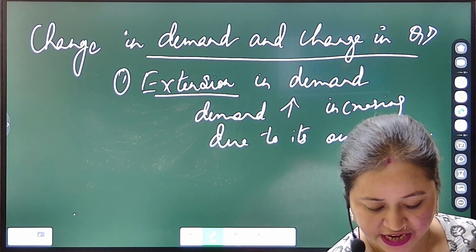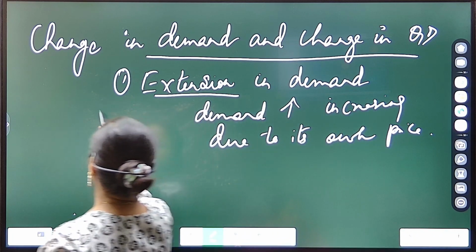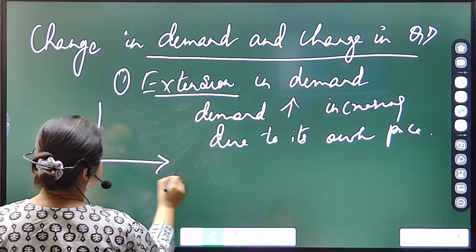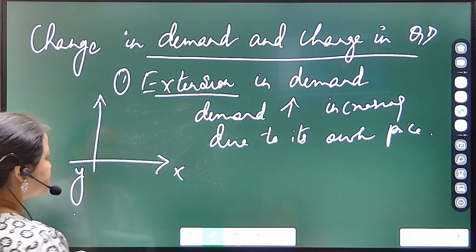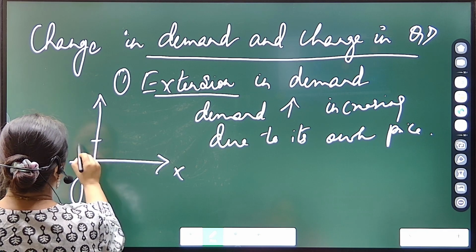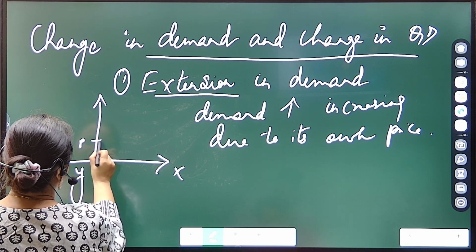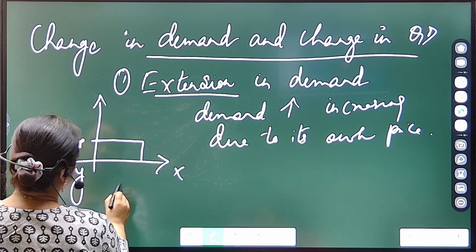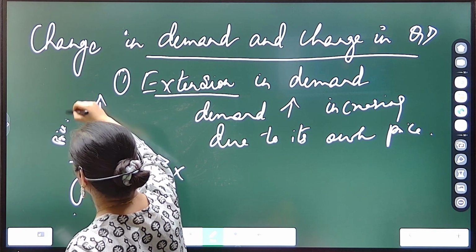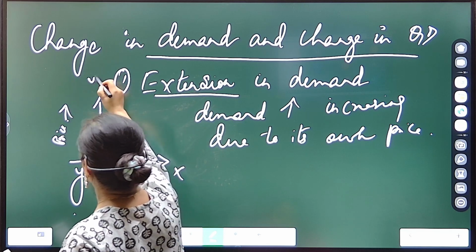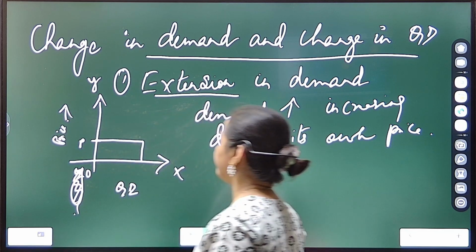So you can see in your study material, if you draw, this is your x-axis, this is your y-axis. On the x-axis is the quantity demanded, and on the y-axis you have price.